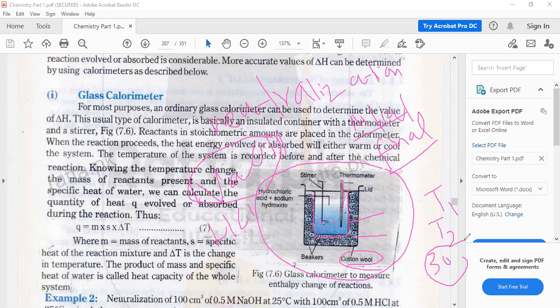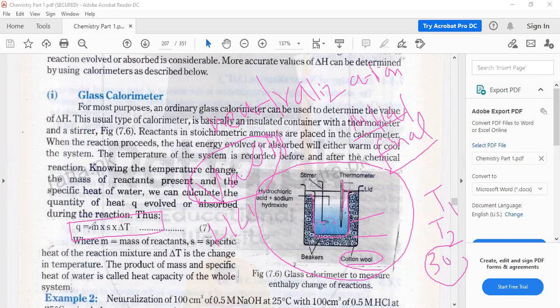At that point where the temperature does not increase any further, that is the final temperature, and that is the final enthalpy which is released from the reaction. That is the final amount of heat released from the system. So we are going to use a formula to calculate the heat which is evolved from the system.